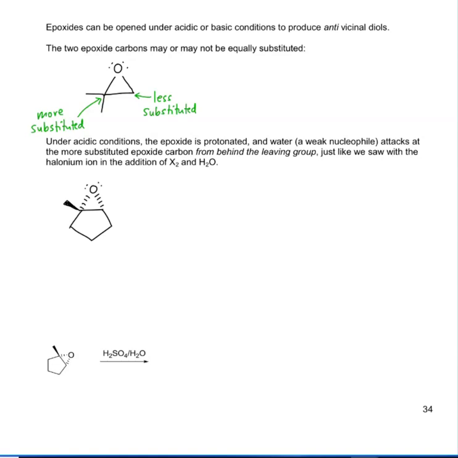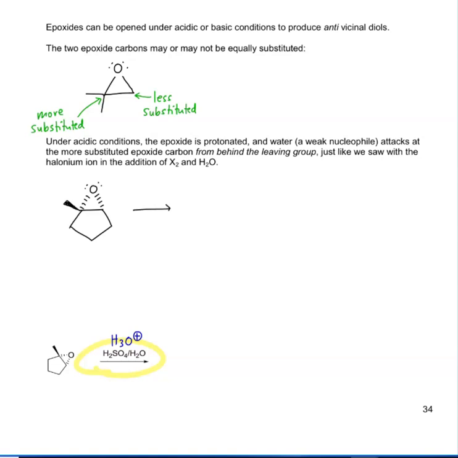Okay, so looking at the conditions here, it says we have sulfuric acid and water. Okay, so that is known to the fans as H3O+. So that's the business end of what you have there. So remember, anytime you have H3O+, you always have water. Even if it's not explicitly written, it's implied, because you can't have H3O+ without having water. Okay, so those are the things that you have to work with.